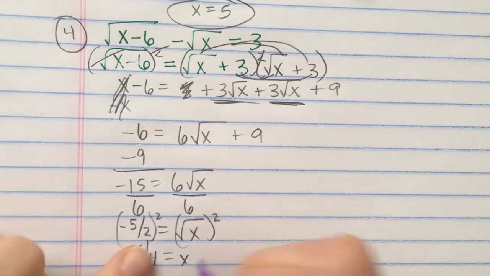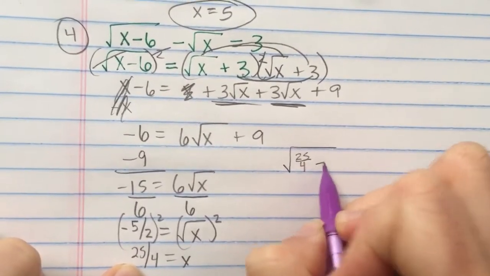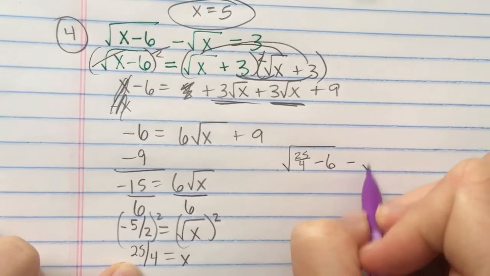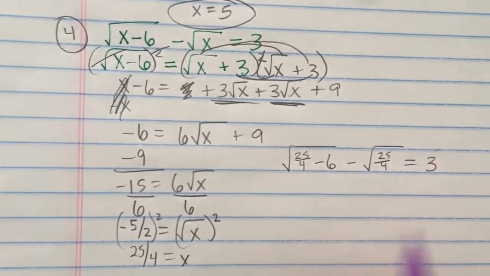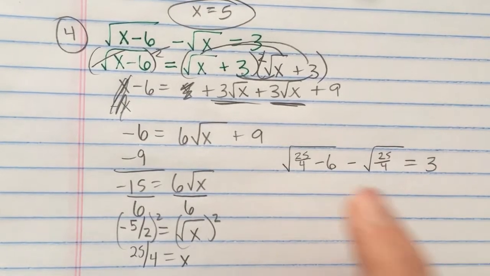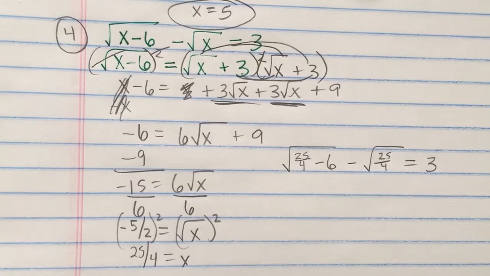Alright, let's plug that back in and see if it works. So the square root of 25 over 4 minus 6, minus the square root of 25 over 4 equals 3. I'm going to type this side in my calculator since I have fractions.